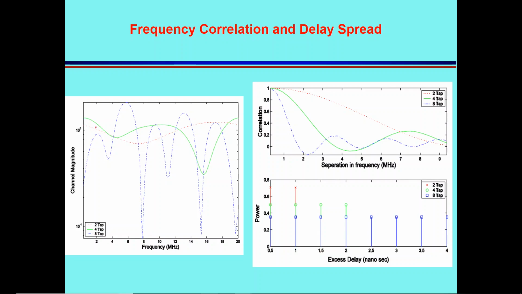Look at the green channel frequency response. Which one has more variation over frequency, the green or the blue? The dashed blue line has more variations. What does this mean? Since the x-axis is frequency, it's more selective in frequency.